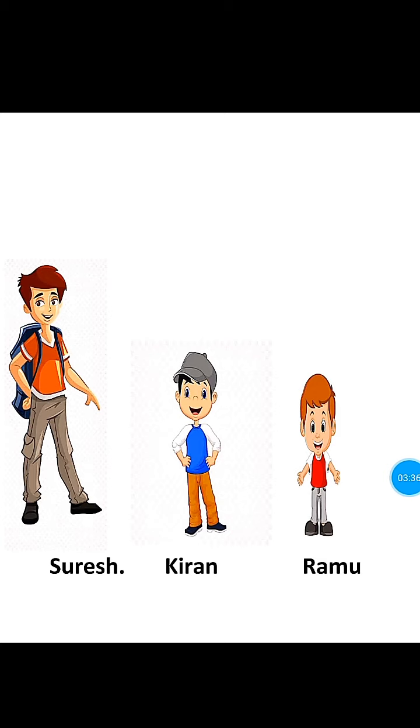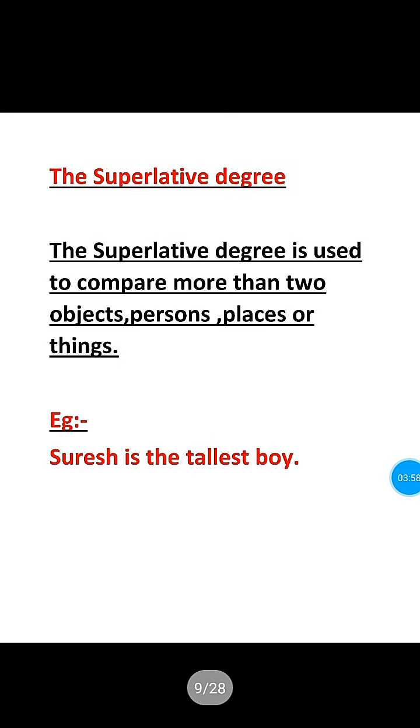Who is the tallest? Suresh. Now here we are comparing Suresh with Kiran and Ramu. 3 persons are there, that means more than 2. Whether it is 4, 5, 6, whatever it may be, if there is comparison more than 2, then we have to use superlative degree. The superlative degree of the adjective tall is tallest. Tall, taller, tallest.